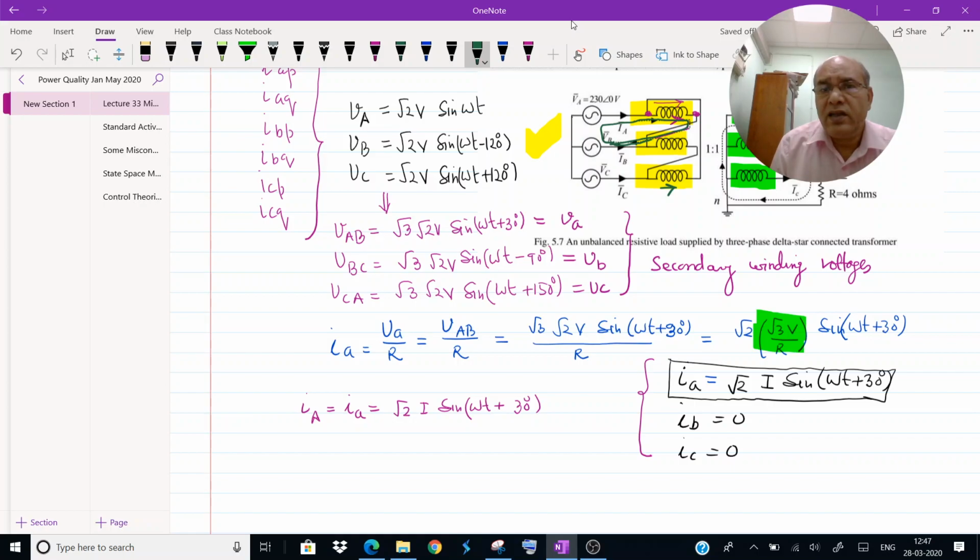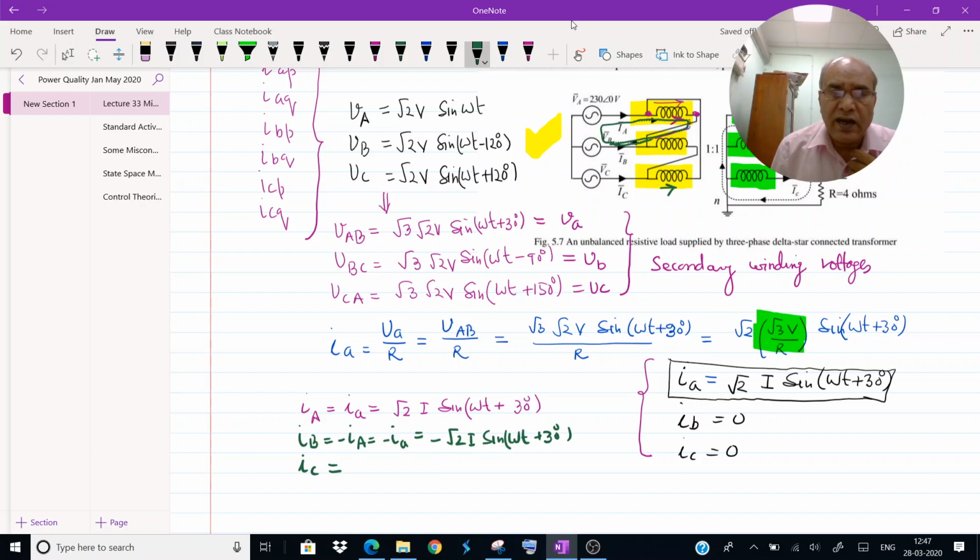And at this point current flows, but the reverse of IA. So from this you can write IB is equal to minus IA, equal to minus root 2 I sine omega t plus 30 degree. And obviously IC is equal to 0.